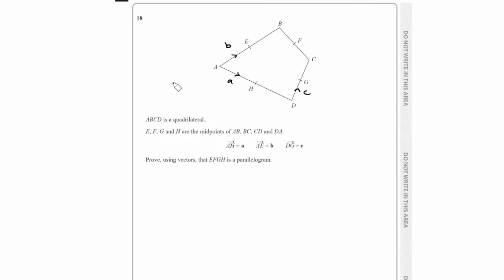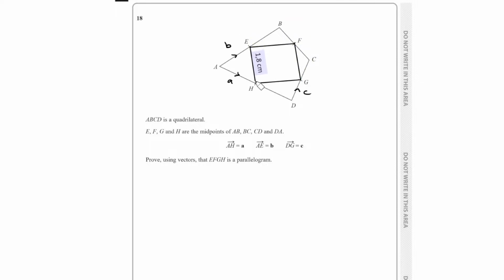So first of all, I'm going to draw that, E, F, G, H. You can always draw anything on the diagrams if that's helpful to you. Feel free to annotate the question however you want to, really. Roughly.